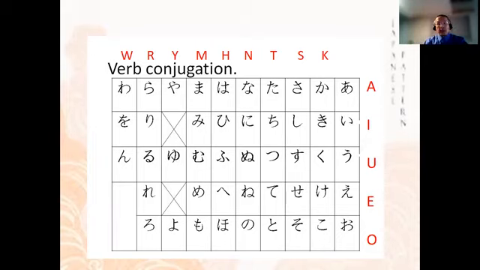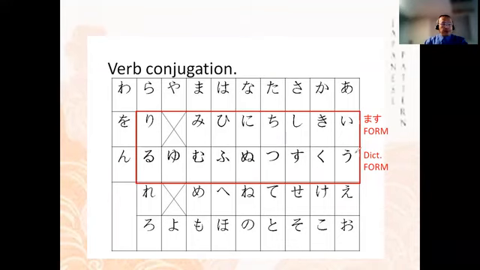So if you remember nomu, where's the mu? Right here. And you change to me, right? That is the trick you want to remember. So you remember this chart, you will have your conjugation for the u-verb easily. All you have to do is change u to e, u to e, u to e for any ending of the u-verb.